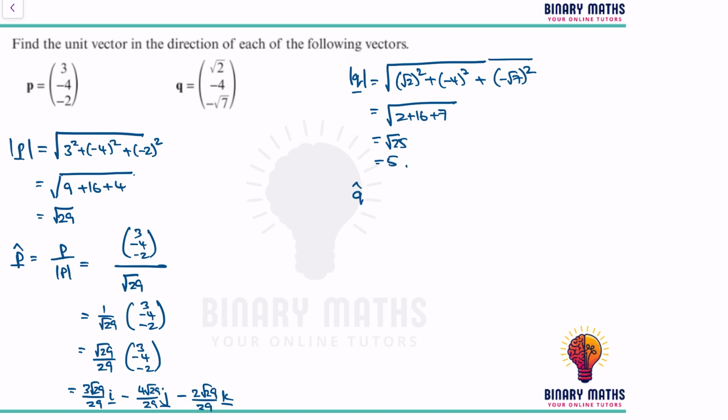So the unit vector of q in the same direction is equal to q over the magnitude of q, which is equal to 1 over 5 times root 2, minus 4, minus root 7, which is equal to root 2 over 5 i minus 4 over 5 j minus root 7 over 5 k.